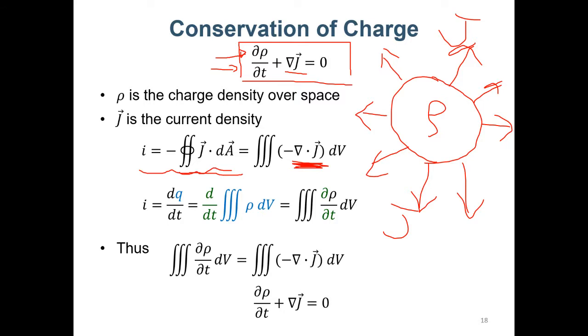And actually, I is the time derivative of the charge, and the charge can be written as the triple integral of the charge density. So we put the time derivative into the integral, and then we make it a partial derivative with respect to time. Then this one should be equal to this one. So we can write like this.